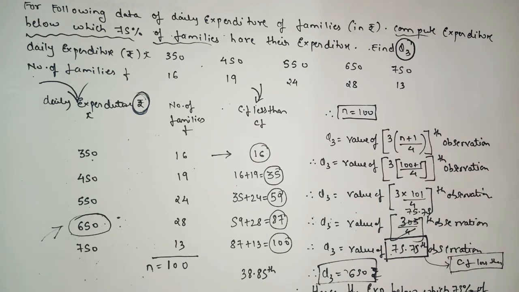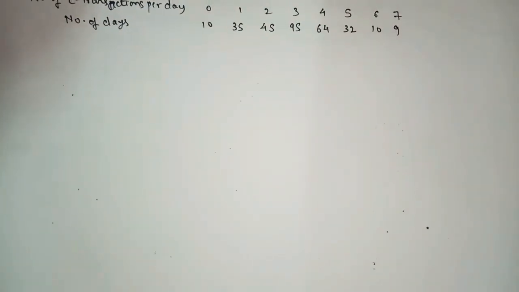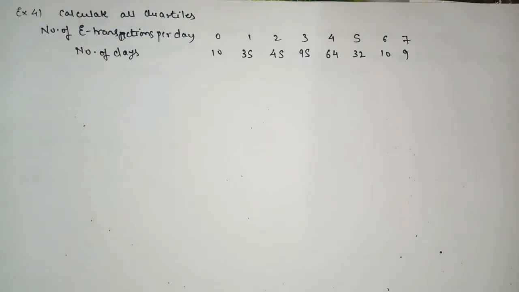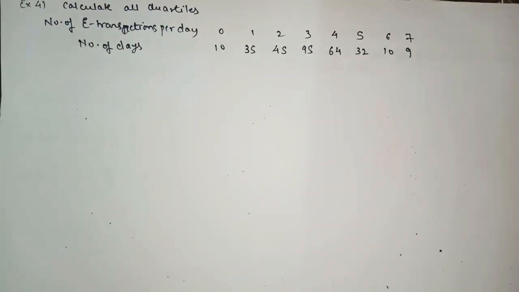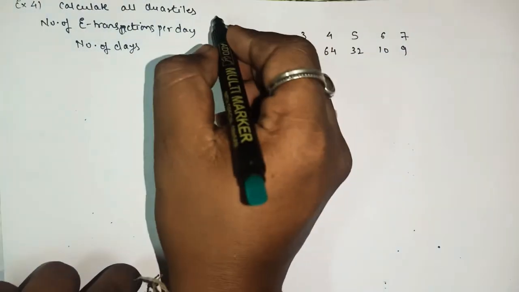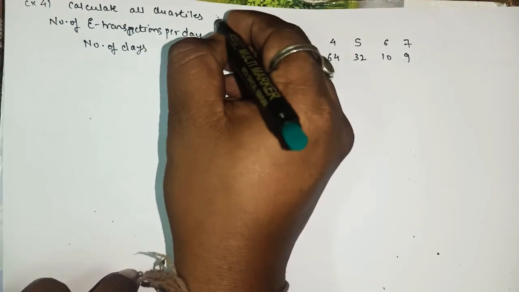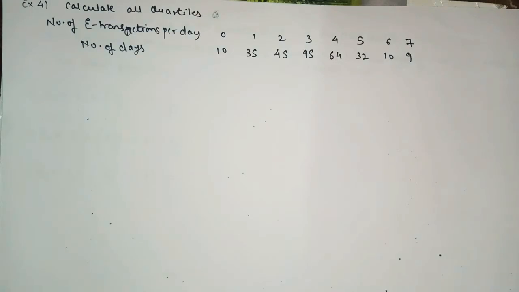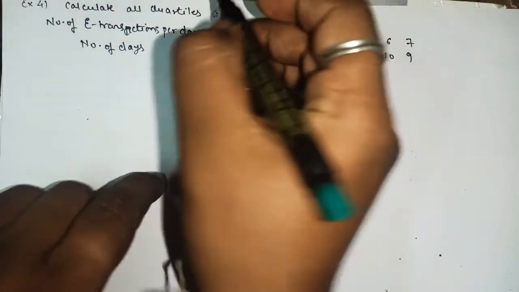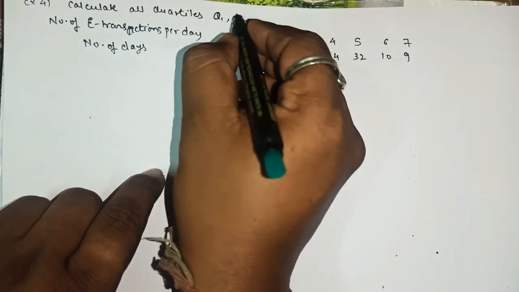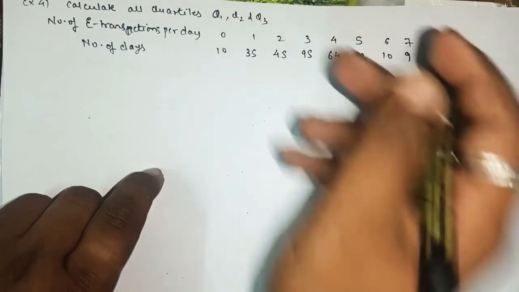So let's take one more example of the same type, that is type number 2. In the second sum, it says you have to find all the quartiles. All the quartiles means Q1, Q2 as well as Q3.